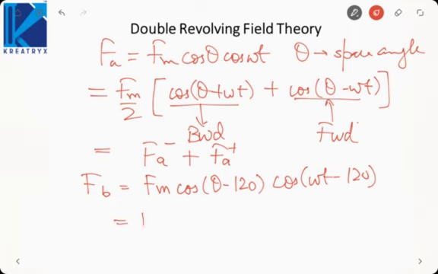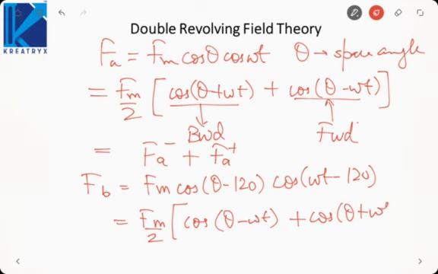So this will be Fm by 2, then cos of, if we subtract these, theta minus omega t, and if we add these, theta plus omega t minus 240.